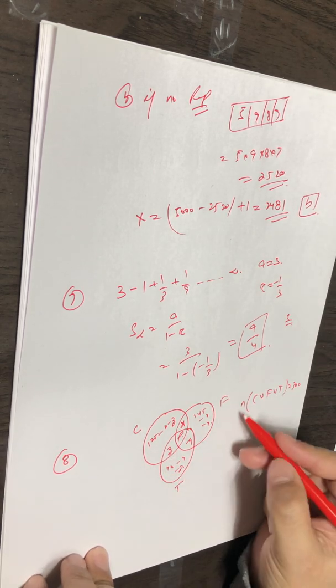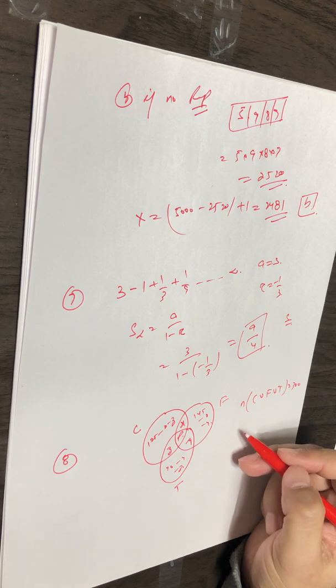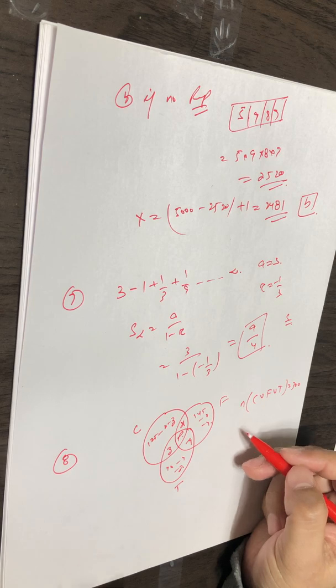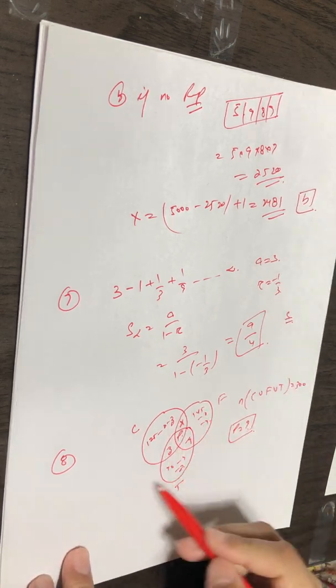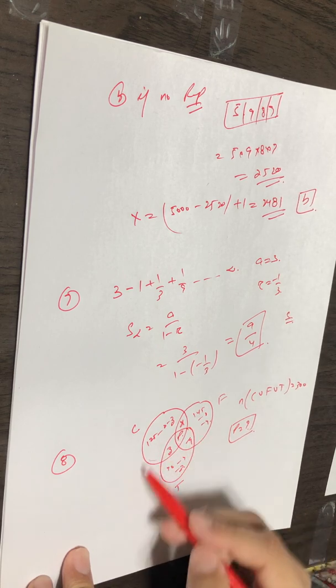And okay, so in the first part, how many students like to play all the three games? So all the three games means we have to find out the value of P. So let us add all these equations.